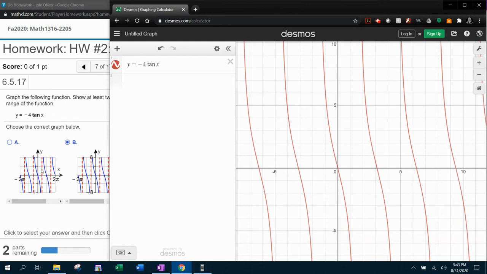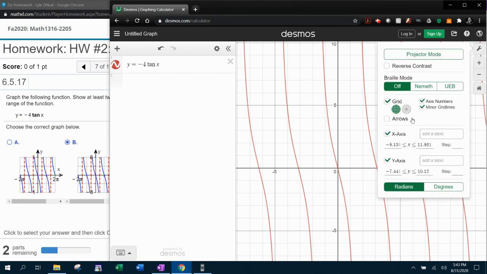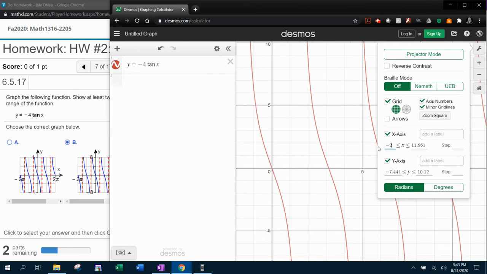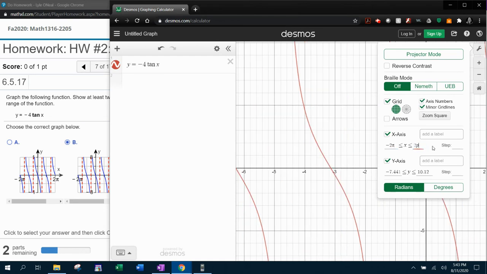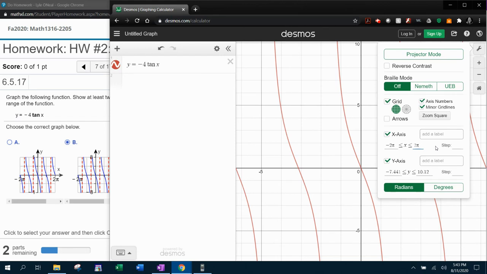So I'm going to take answer choice A, and I'm going to come to my settings, and I'm going to make the x-axis negative 2 pi to positive 2 pi, and the step, I'm going to make it pi.